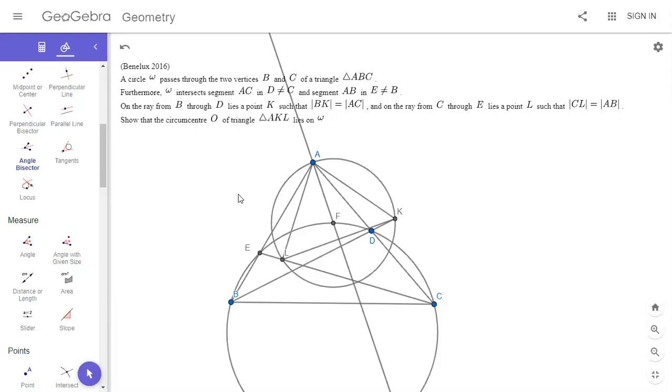Something's weird here. So angle LAD is equal to LKB.